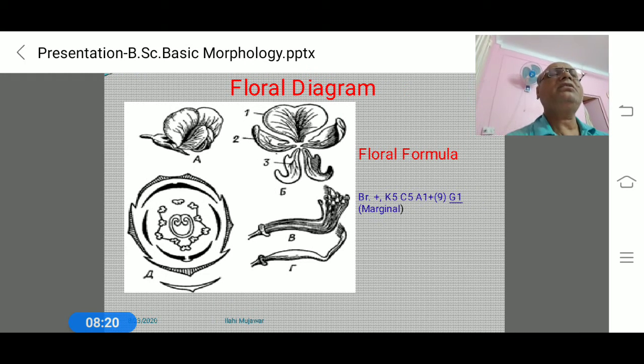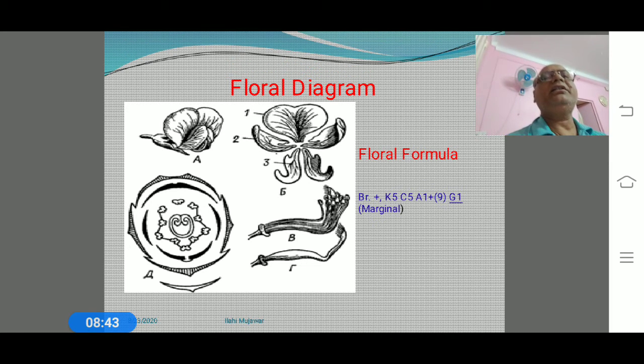And from all these morphological structures, we have to summarize them into the floral formula and floral diagrams. For example, we look here at the diagram from the well-known family Papilionaceae, having a papilionaceous corolla, which has 5 petals, arranged in 3 whorls as 1 plus 2 plus 2.